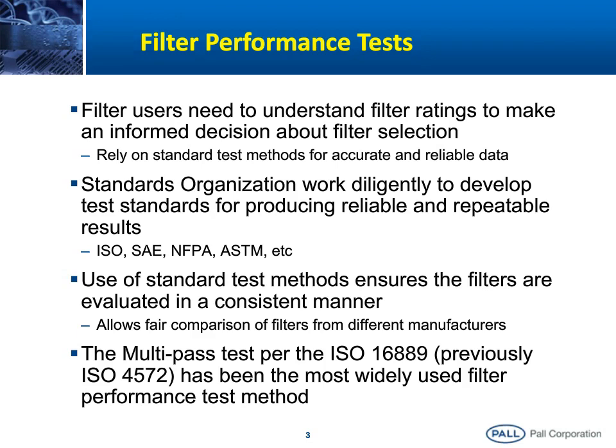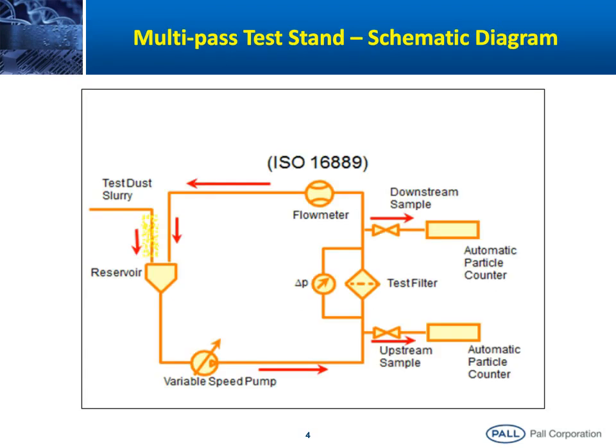Here is a simplified diagram of the multi-pass test circuit. The test fluid, which is a mineral-based 15 centistokes hydraulic oil, is pumped through the test filter and back into the reservoir. The test fluid is spiked with a silica-based test dust, which has a certain particle size distribution. The concentration of the test dust is kept at a level so that the filter reaches the target differential pressure.